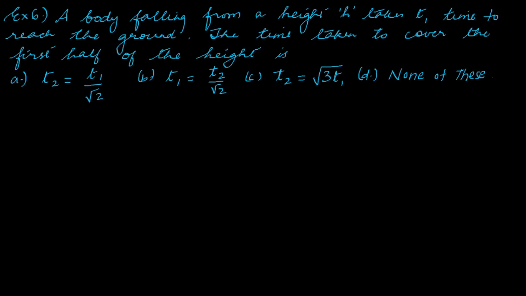Okay, next problem, number 6. A body falling from a height h takes T1 time to reach the ground. Solution. A body falling from a height h. Okay, let me draw this diagram.